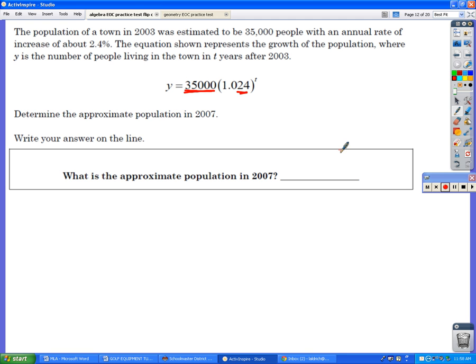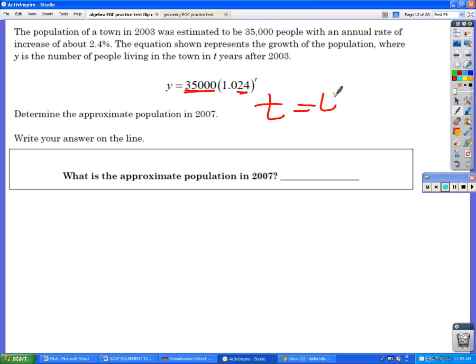The equation shown represents the growth of the population, where y is the number of people living in the town in t years after 2003. Determine the approximate population in 2007. This is the only thing you need to know how to do for this problem. In 2007, what does t equal? 4, because it's 4 years after 2003.